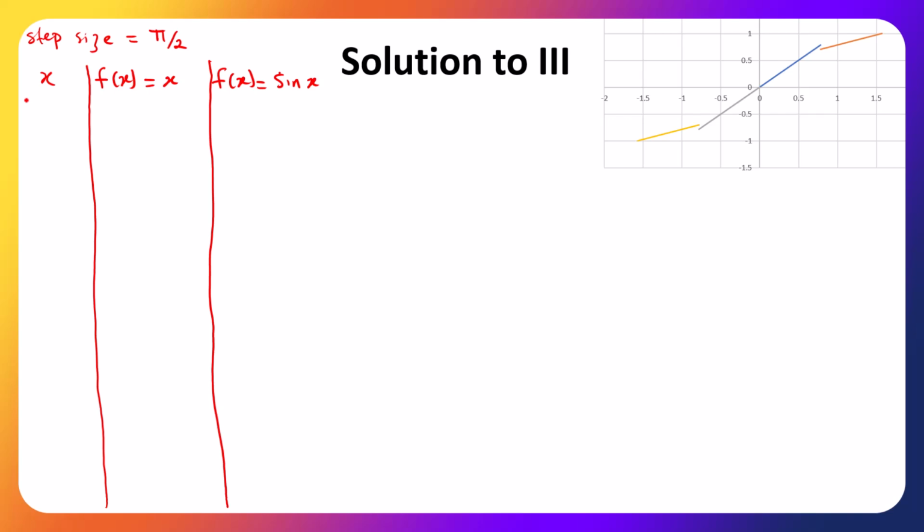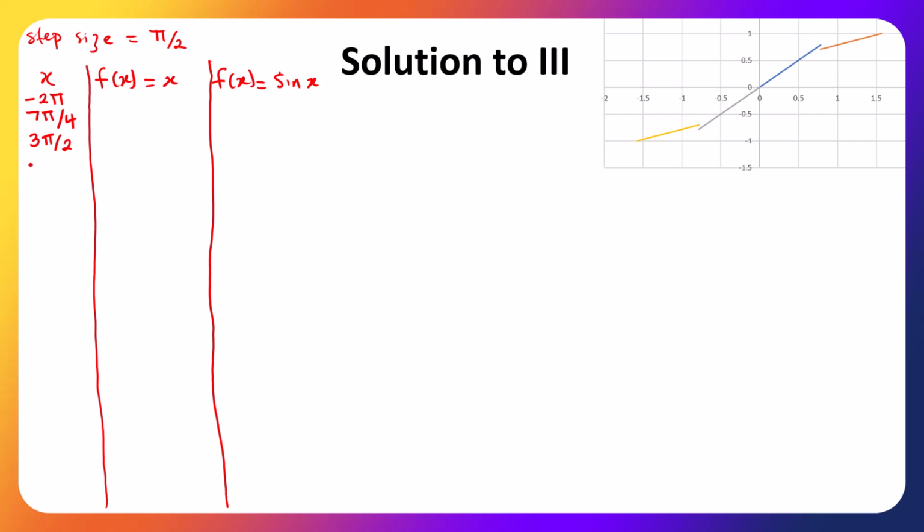So all the x values are now minus 2 pi, 7 pi over 4, 3 pi over 2. I need to manage this space so we can have these values on a single page.